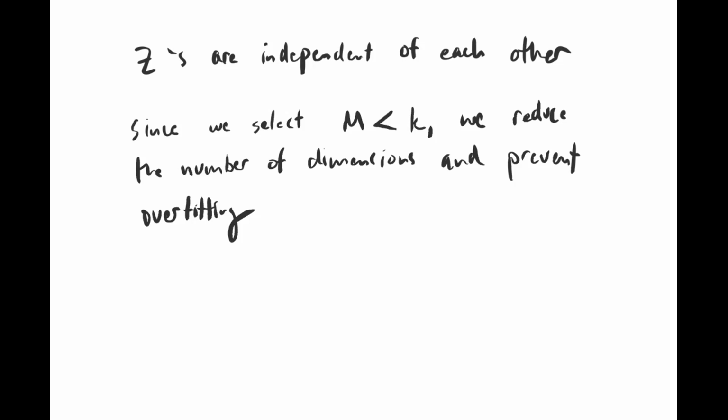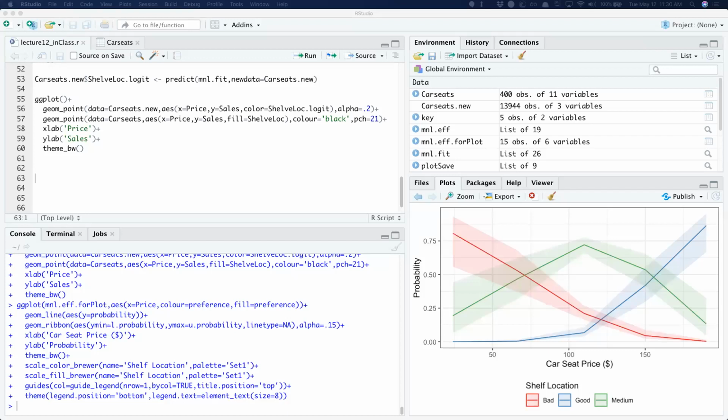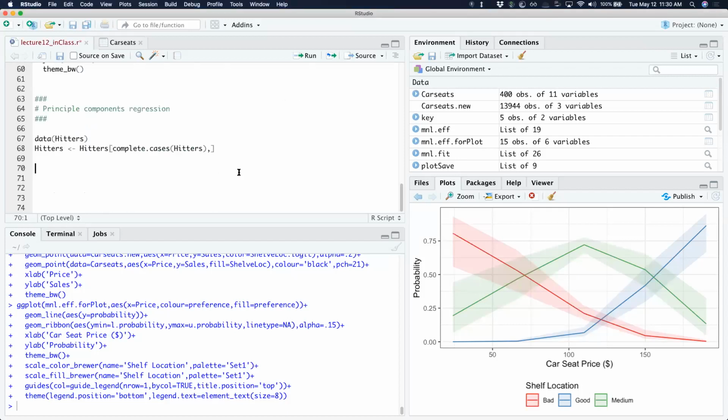So let's dive into R and show an example of PCR, which is principal components regression. Since you guys are more familiar with this, we're going to use the hitters data set.